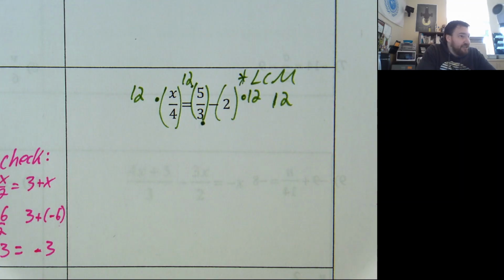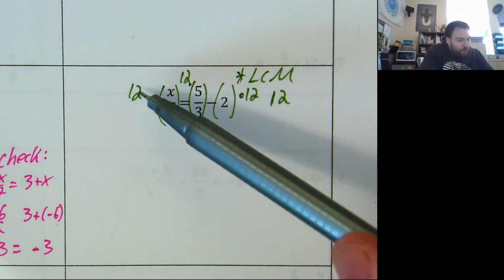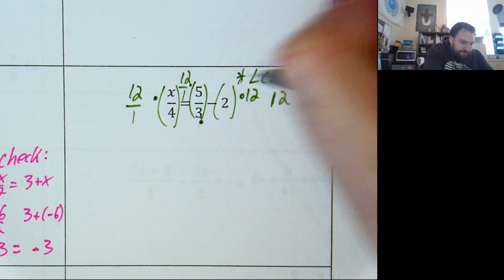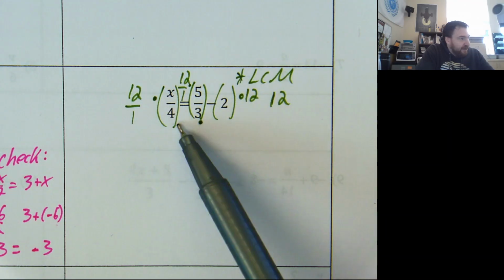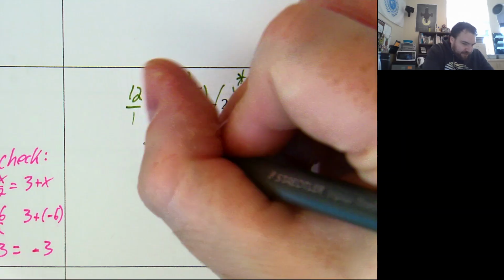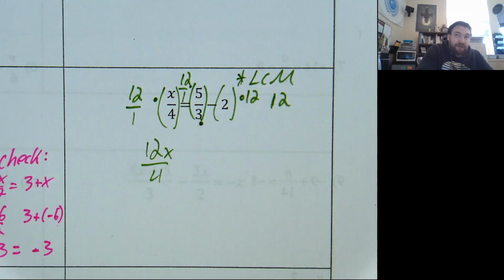What I get when I do that, now remember, multiplying a whole number by a fraction, I take that whole number and I put it over 1. And then I multiply numerators and I multiply denominators. So 12 times x is going to be 12x. 1 times 4, that 4 is still down there.